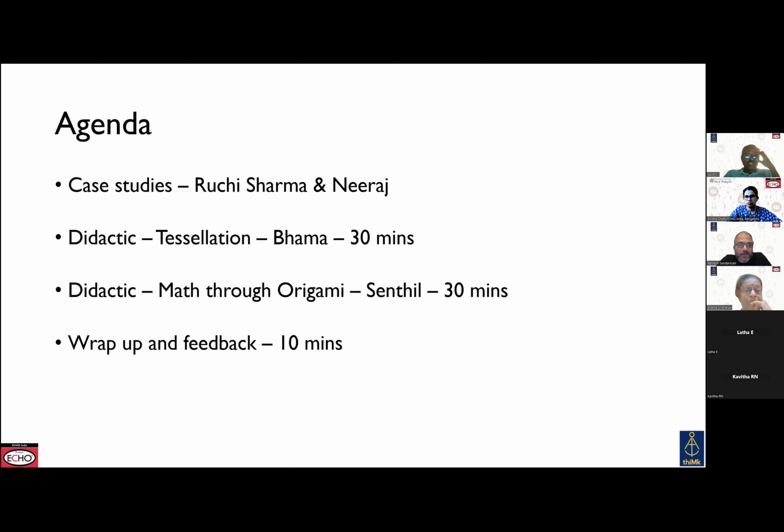If you can keep a few A4 sheets ready with you and probably a scale and a pencil, all of that should be pretty handy for Sendil's session. We will need some live demo is what Sendil will be doing. And finally, we'll wrap it up, take feedback, if any, and then move on. Okay. I will now hand over to Bhama.